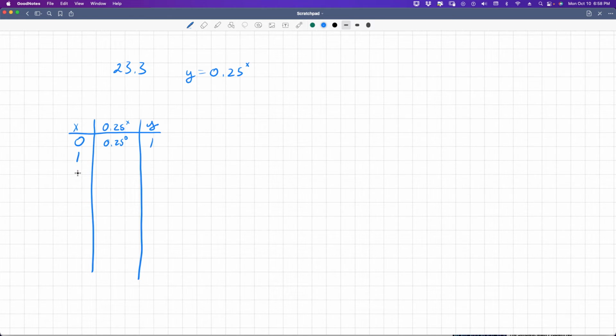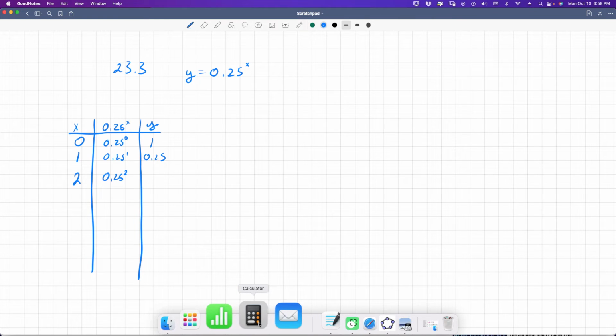If I put in 1, 0.25 to the 1 power, that's going to be the 0.25. And if I put it into the 2 power, 0.25 to the 2nd power, I'm going to just pull up my calculator.